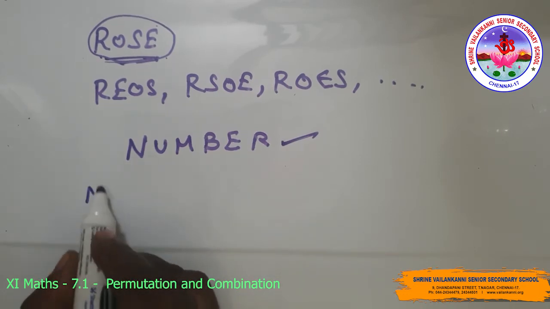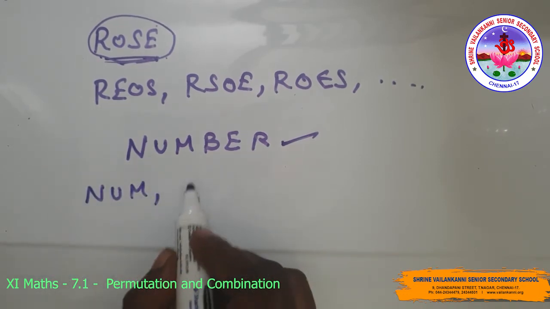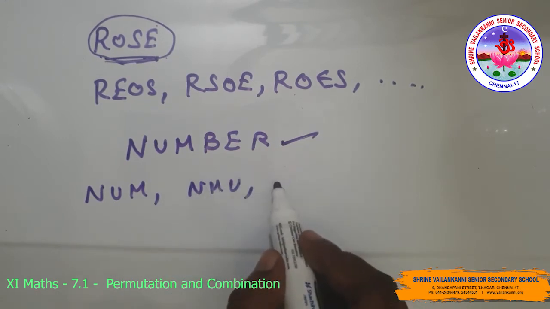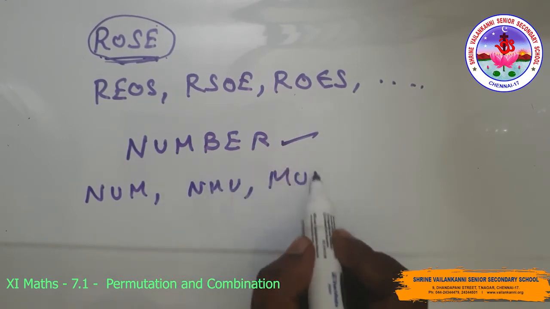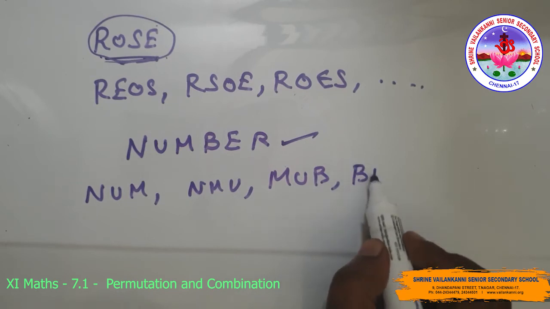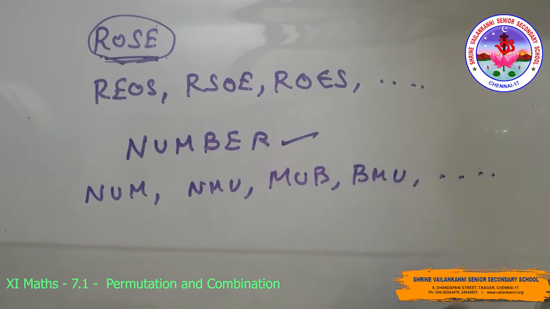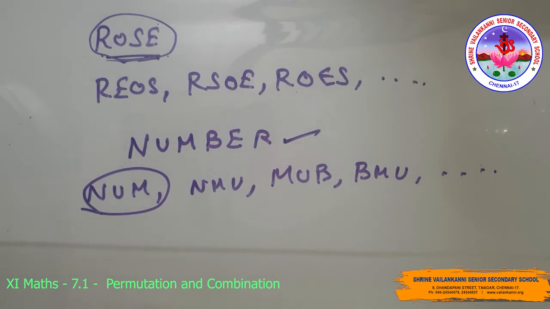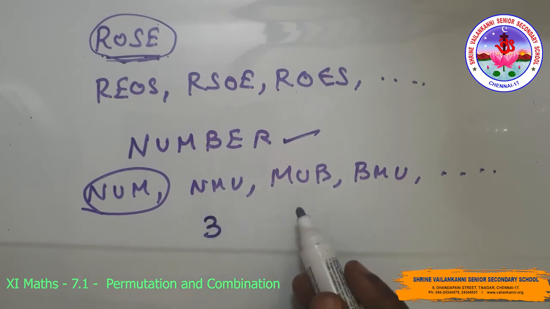So it could be like NUM, NMU, or MUB or BMU, etc. We are counting the permutations of 6 different letters, taking only 3 letters at a time to form a 3-letter word.